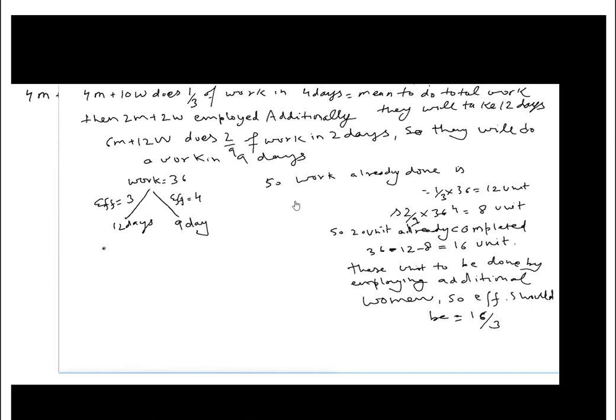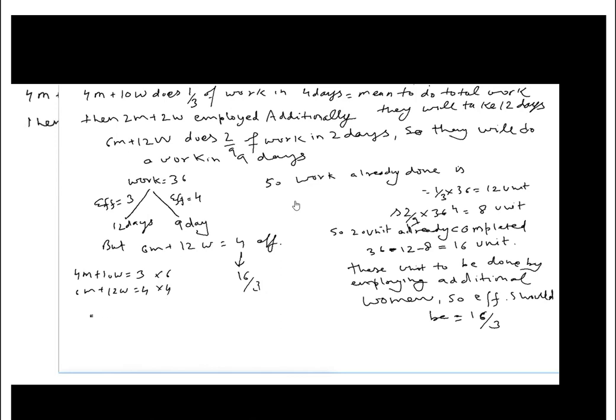But the 6 men and 12 women have efficiency only 4. So there is a gap between 16 by 3 and 4. So more women should come and increase the efficiency from 4 to 16 by 3.